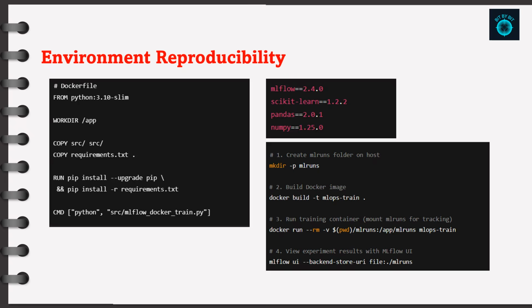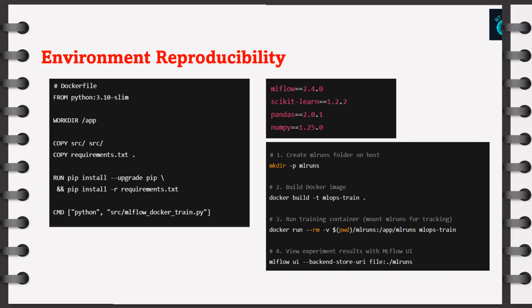This workflow represents true environment reproducibility in MLOps. You can share the Dockerfile and requirements file with your team, and everyone, on any machine, local or cloud, can rebuild the same environment with a single Docker command. That's the key to stable, repeatable experiments and reliable model deployment pipelines.